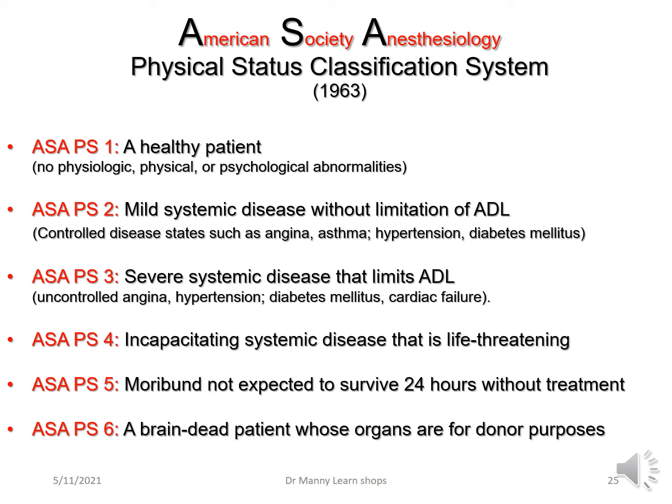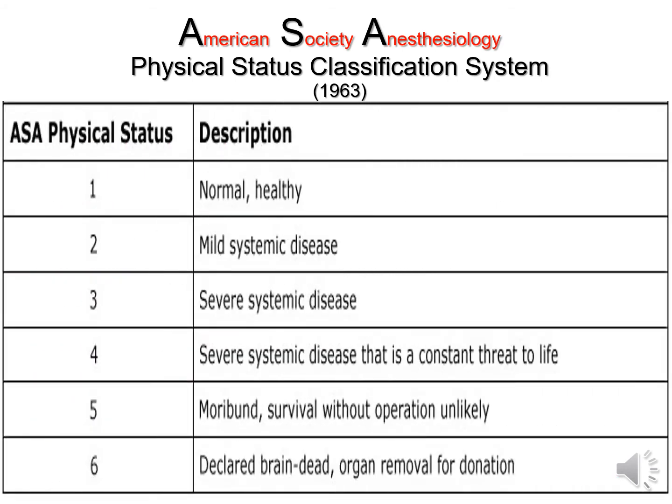This is the American Society of Anesthesiology's Physical Status Classification System, which has to be done and indicated at what level by the physician doing the procedure. So again, reviewing: 1, normal healthy patient; 2, mild systemic disease; 3, severe systemic disease; 4, severe systemic disease that's a constant threat to life; 5, patient's moribund, survival without operation or procedure is unlikely; 6, declared brain dead only for organ removal donation.